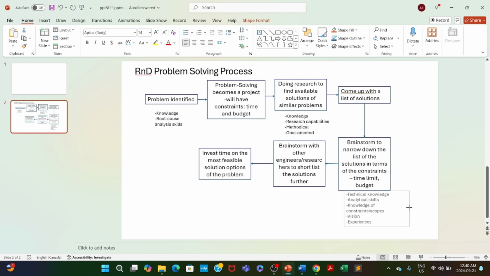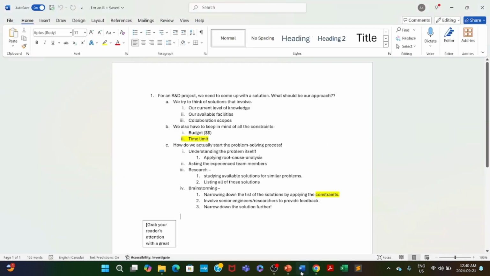So we already know what constraints we have, basically time and budget, but we also have other constraints like our facilities that I mentioned in the previous tutorial, where we have a limitation on the facilities that we can utilize for solving the problem.